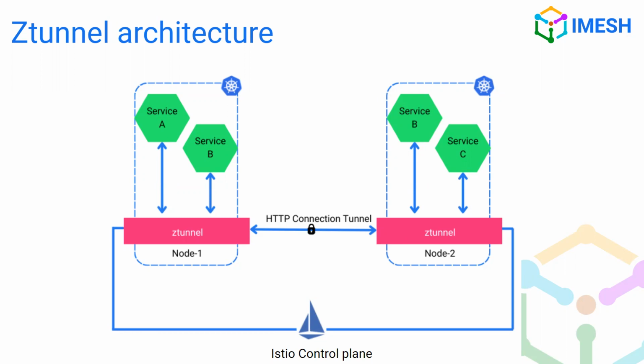Each node will have one instance of a Ztunnel, so that secure communication can be established among all the nodes. Ztunnel provides transport layer security basically, so this communication can be secured.